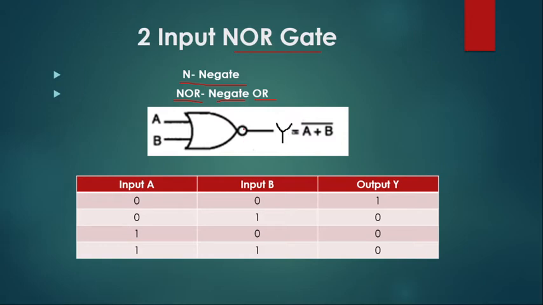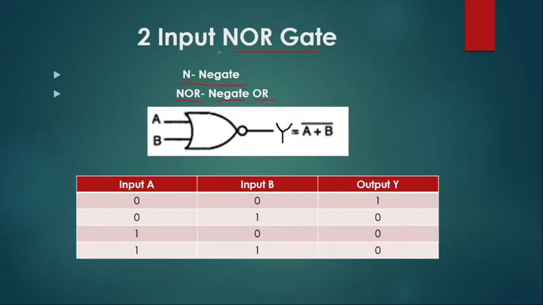When we do not use this bubble sign, it means OR, and with the bubble it becomes NOR. And let us look at the truth table also. When input A is 0 and input B is 0, the output should be 1, and when any one of the inputs is 1, the output will be 0.